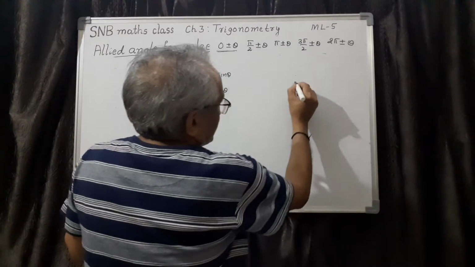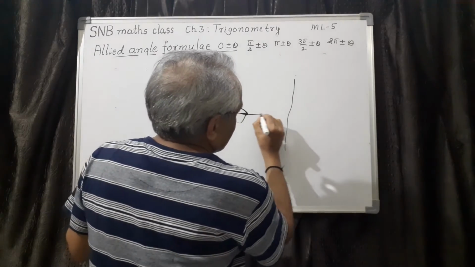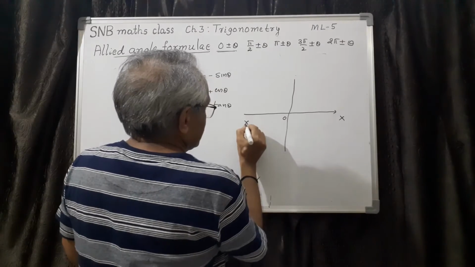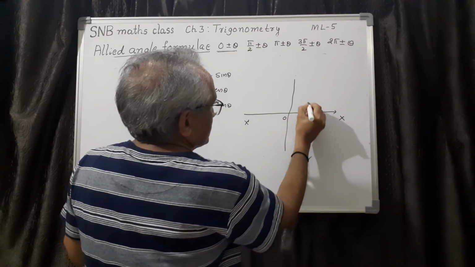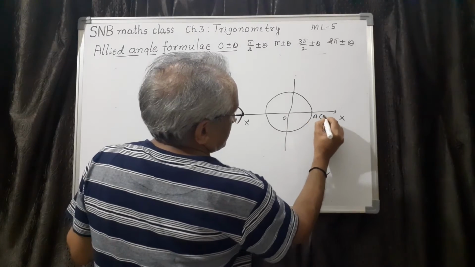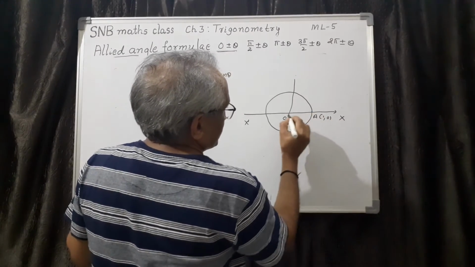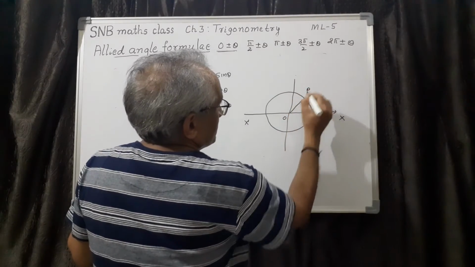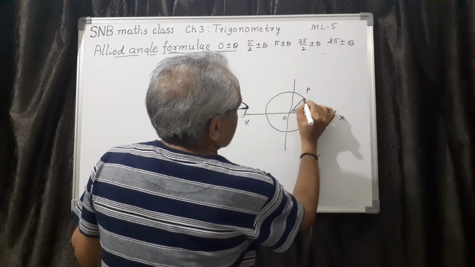For example, you see, this is the interesting thing about trigonometry. So, x, o, x dash, you take a unit circle, for example. Say this is A, let us say (1, 0). So this is 1 unit. Now you take a radius here, P. Let us say this angle is theta.